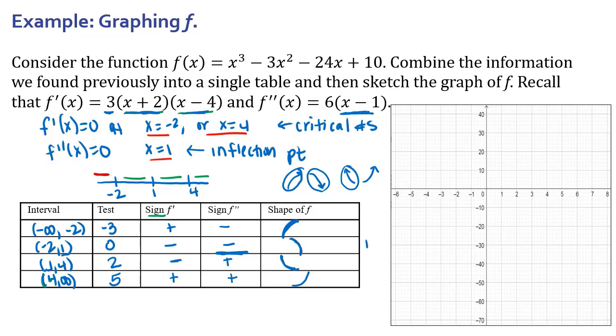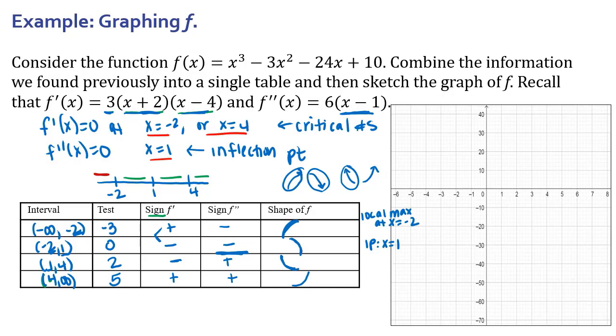So again, we know that inflection point is going to happen at x equals 1. And then our first derivative changes from positive to negative at -2. So that means that you have a local maximum at x equals -2.